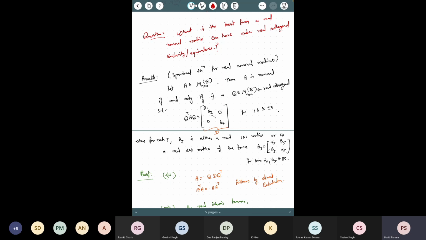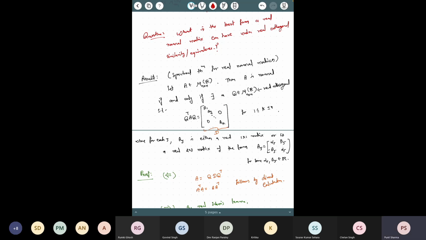So you are saying that the blocks corresponding to 1 cross 1 entries are 0. So what about the 2 cross 2 blocks? 2 cross 2 blocks will be normal blocks. Normal blocks, that is fine, but what would be the form?